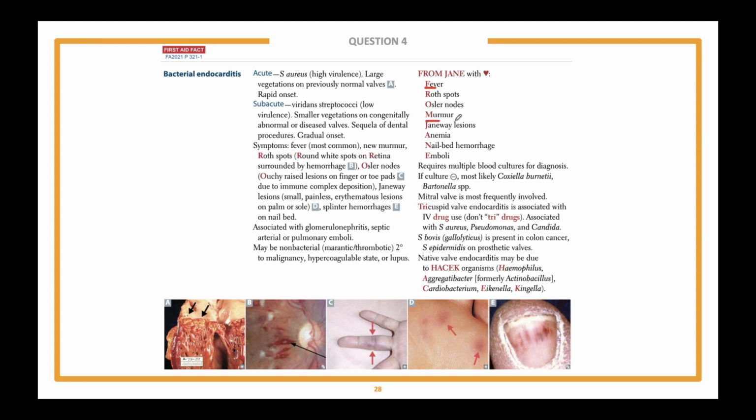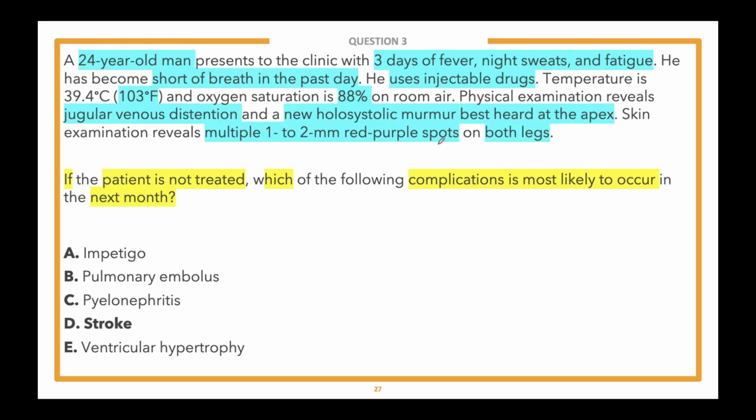Always keep in mind the cutaneous manifestations such as Osler's nodes, Janeway lesions, splinter hemorrhages, okay? And then keep in mind where exactly they are giving us physical exam findings that point to which valve is actually involved. Is it an echo finding? Is it a murmur that you heard? In this case, if we go back to the vignette, you can see that it was holosystolic, best heard at the apex, which is the mitral area, okay?